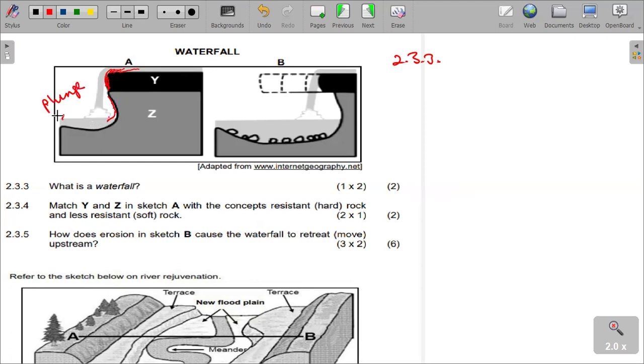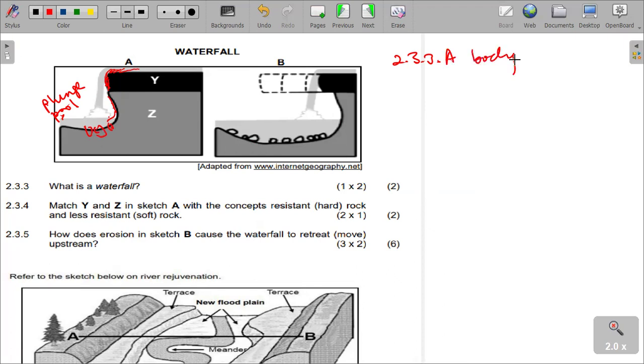The plunge pool forms because of the residues of the resistant rocks falling with force, eating and causing deep undercutting, which causes a plunge pool to form. So what we are saying is that it is a body of river water falling over hard resistant rock or a cliff.